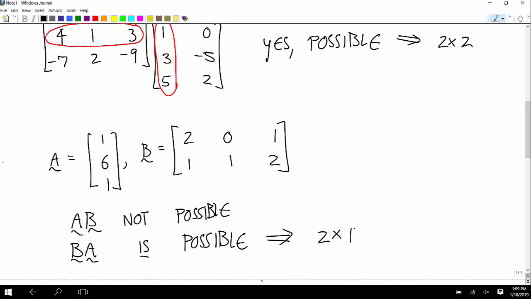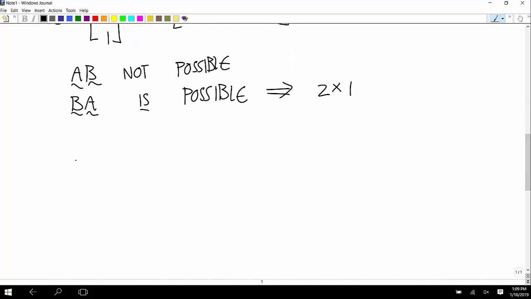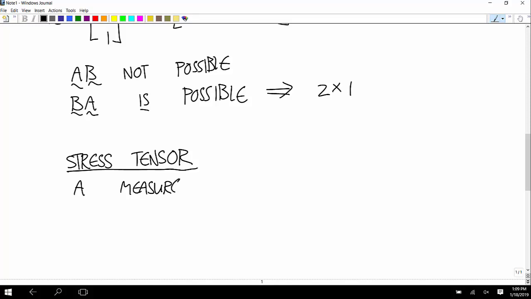All right, so now we're going to introduce the stress tensor. And the stress tensor is a measure of load at a single material point.